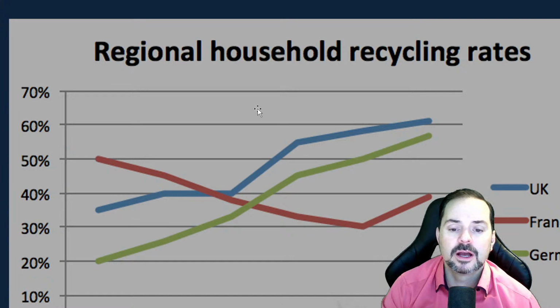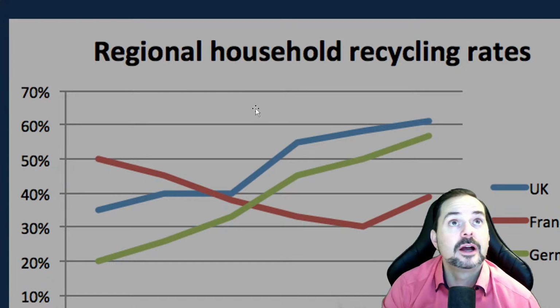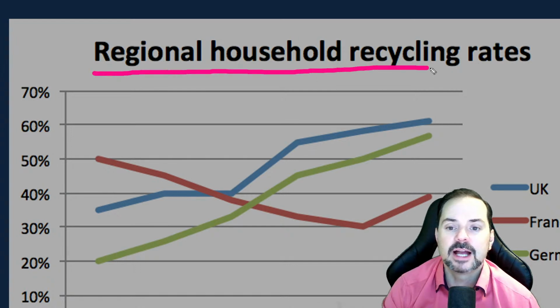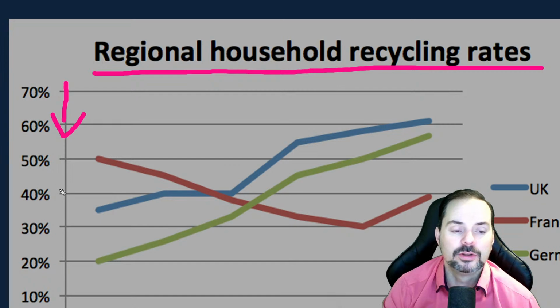Let me look at the graph for today. Okay, so this is the graph that we're working with. And it's good to look at the graphs before you get too far. A lot of people don't. They kind of just jump around. So here we're looking at regional household recycling rates. What is this line called? Anybody know?